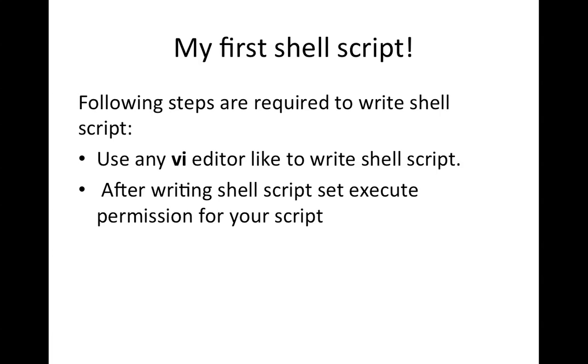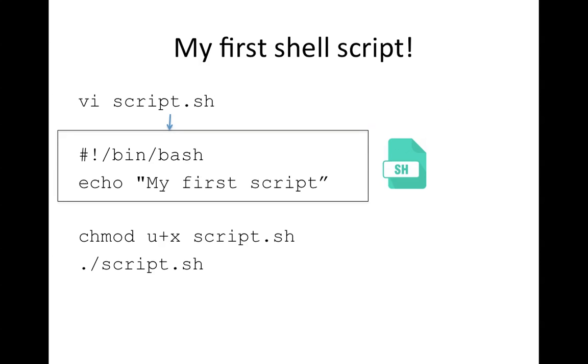When you're writing scripts, you use the extension sh, which stands for shell scripting. And after we do so, we remember that you don't have the permission for yourself to be able to execute the file. So you should grant the permission for yourself to execute the file, and then we will execute the script. So this will be our very first script, and all it will do is print a sentence.